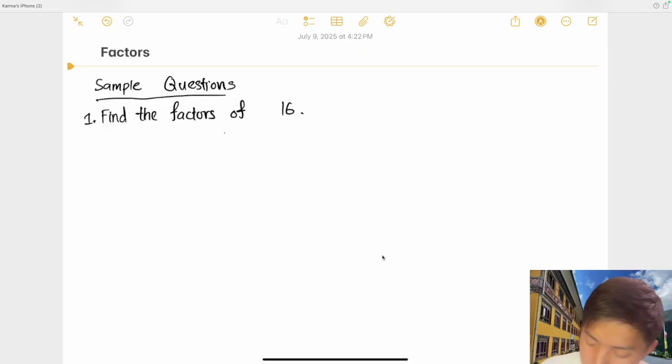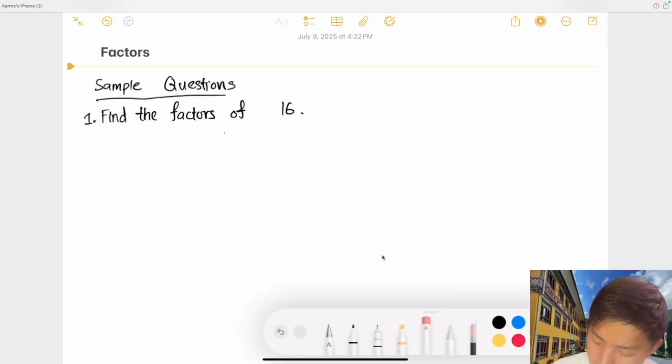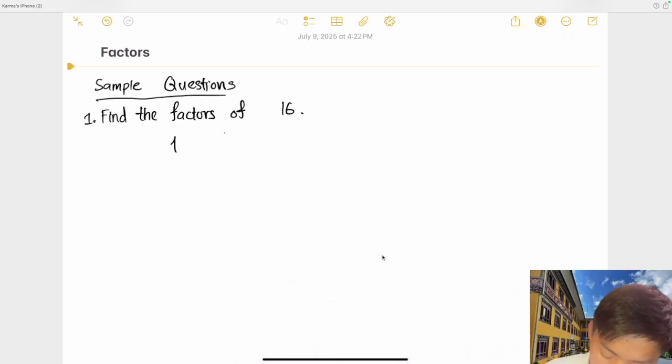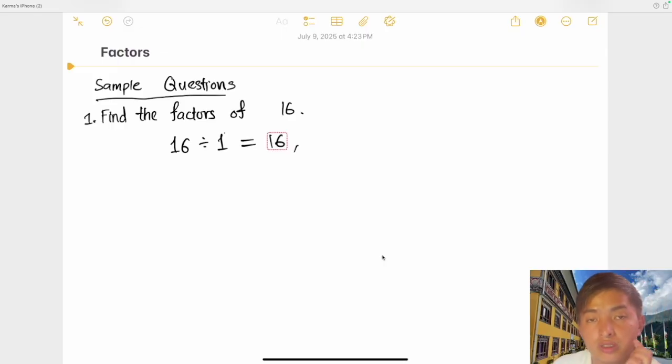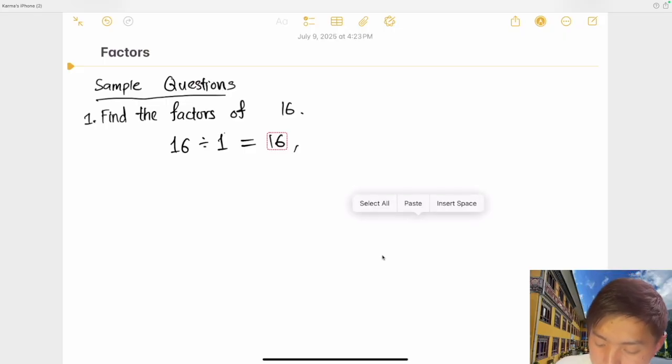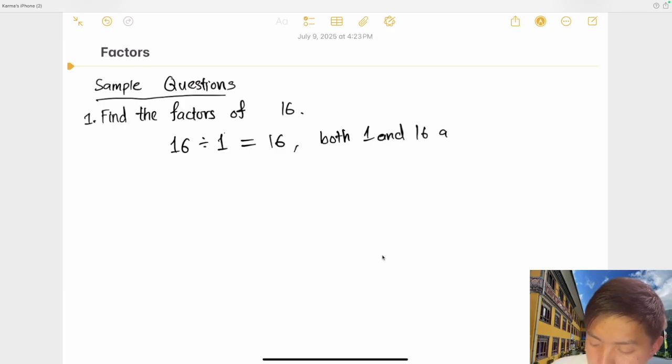So 16 divided by 1 is nothing but 16. According to our division method, this says that both 1 and 16 are factors of 16.